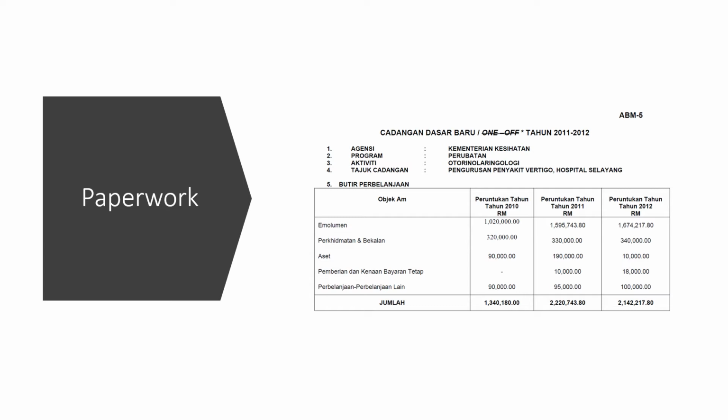Next thing is to put up your proposal. As far as Malaysia's Ministry of Health is concerned, if you want to start a new service, you have to propose. This paperwork proposal is called Dasar Baru. This is an example that I put up quite some time ago when I requested for this service.